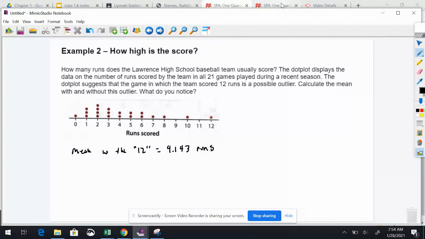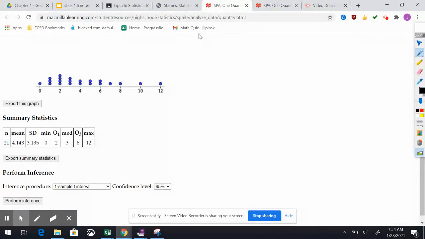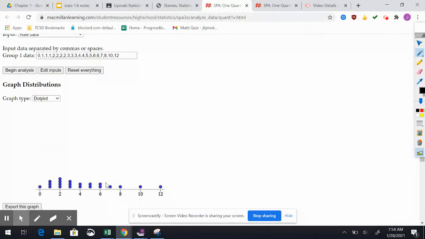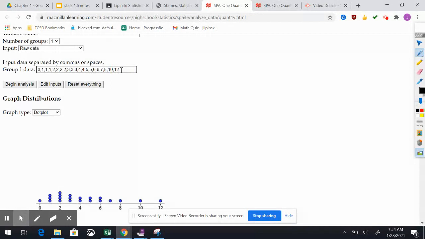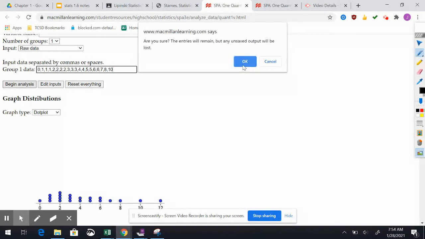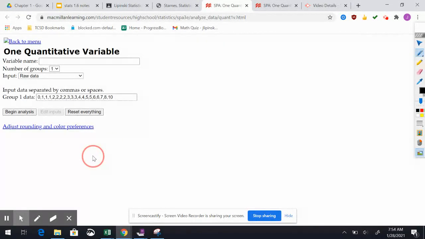If I go back to that stats applet and get rid of that last data value, we take a look at what happens to the mean. What do you think is going to happen? If I take away the largest value, now we're not going to divide by 21, so what's going to happen?